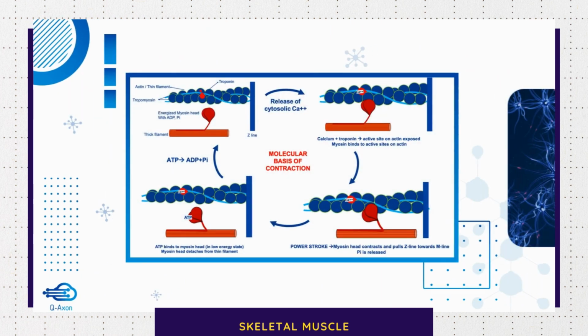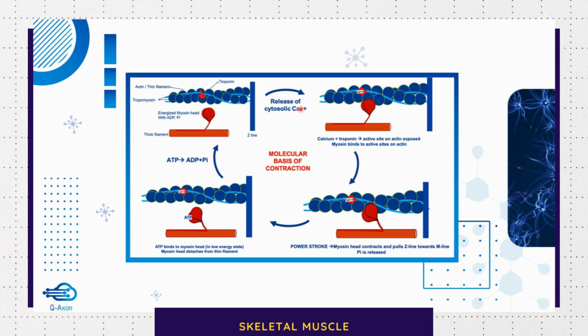So this is a diagrammatic representation of the cross-bridge activity. So you can see that at rest, the myosin is not bound to the actin, but it is bound to ATP, which has already been broken down into ADP and Pi, and the energy is stored in the myosin head. So this is the energized myosin head.